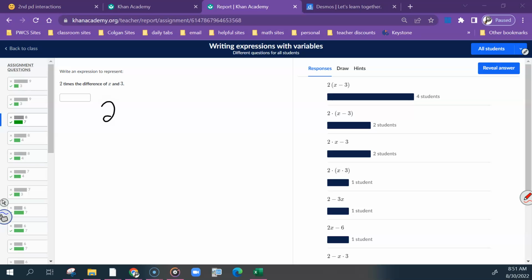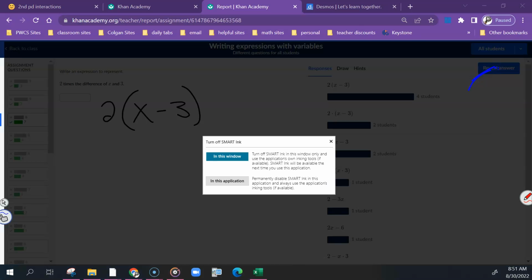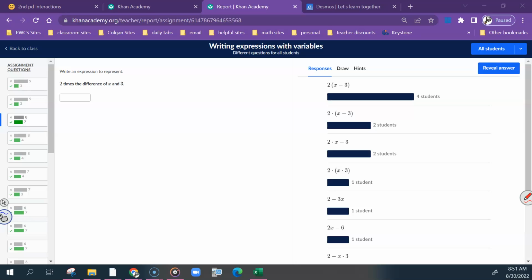So if we know we're going to multiply by 2, and we know we're subtracting, but because 2 is being multiplied to the entire difference, we need parentheses here to show that this is x minus 3 and 2 is being multiplied to everything. So if you got something like this, you see that these 2 were correct, but things like this were not.